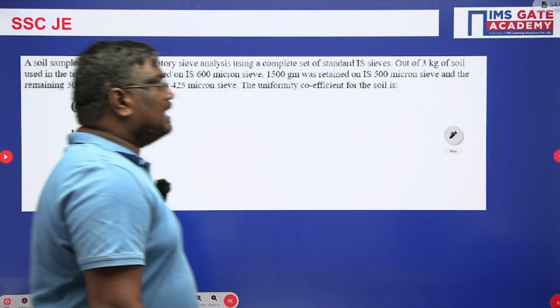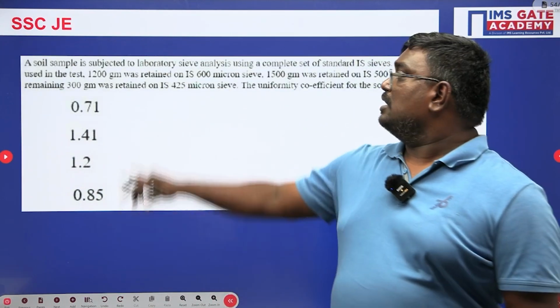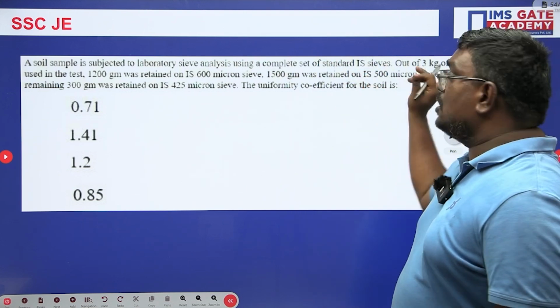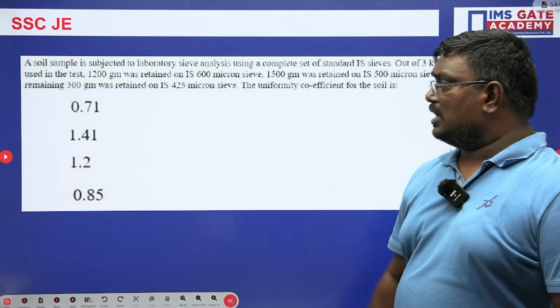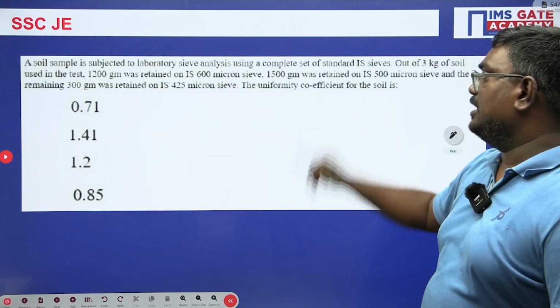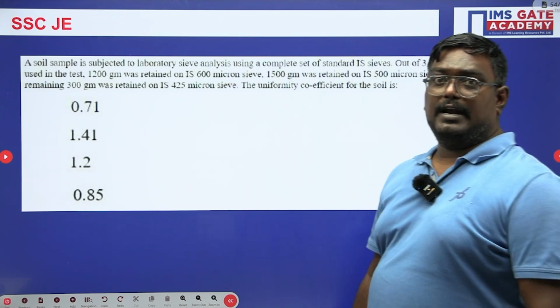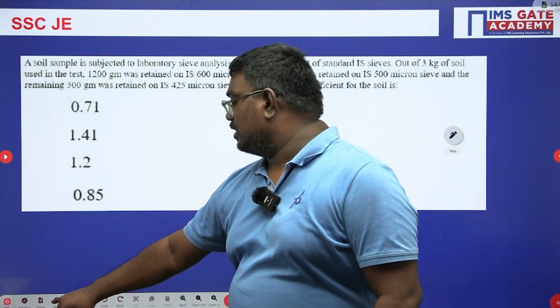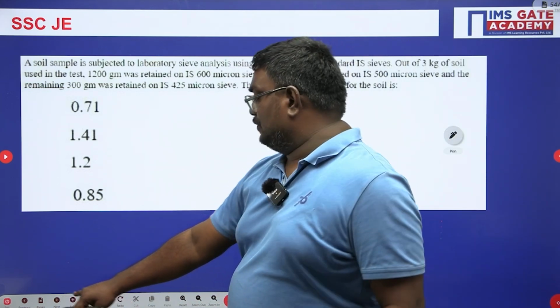Now, a soil sample test is a very good question. A soil sample test is carried out in a set of standard IS sieves. Out of 3 kgs of soil, 1200 grams is on the IS 600 micron sieve, 1500 grams is on the 500 micron sieve, and the remaining 300 is on the 425 micron sieve. What is the coefficient of uniformity?